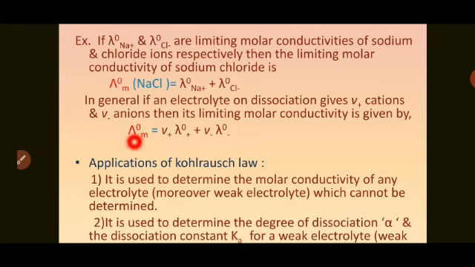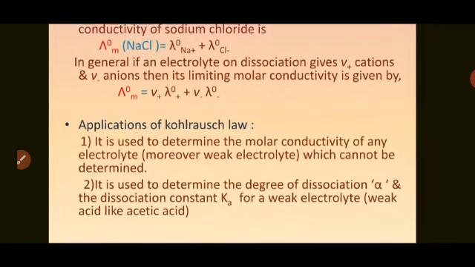That is, lambda naught m, which is known as the limiting molar conductivity of that electrolyte, is equal to V plus, that is the number of ions, into lambda naught plus, the limiting molar conductivity of cations, plus V minus, the number of anions, into lambda naught minus, the limiting molar conductivity of anions. Please go through the formula once again, refer to the textbook, and we will solve problems based on this.